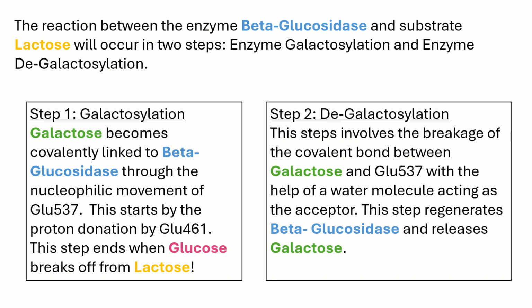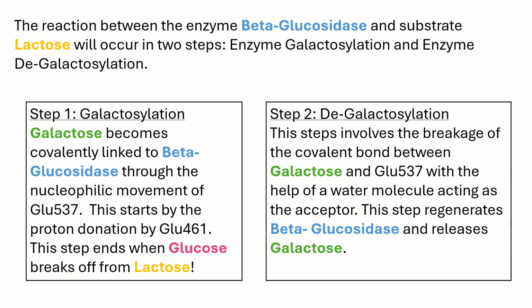So the reaction between the enzyme beta-glucosidase and substrate lactose will occur in two steps: enzyme galactosylation and enzyme degalactosylation. So step 1 involves galactose becoming covalently linked to beta-glucosidase through the nucleophilic movement of Glu537.